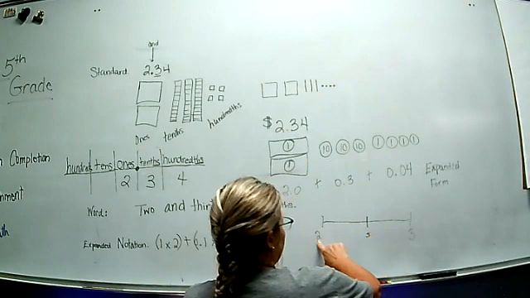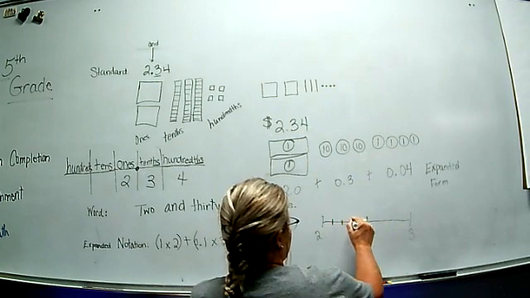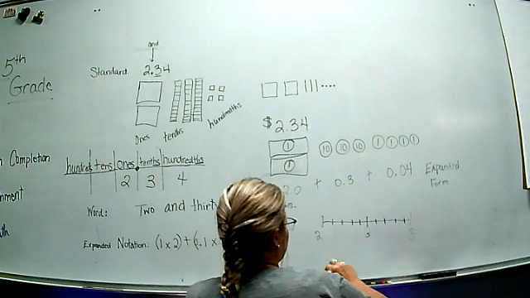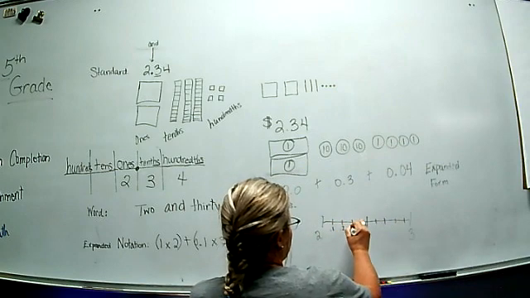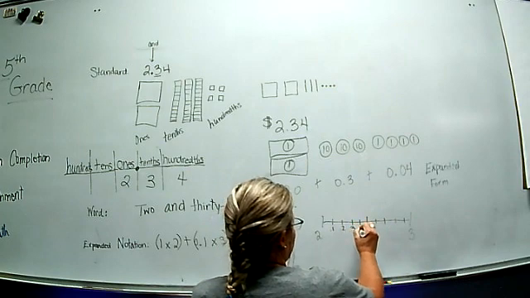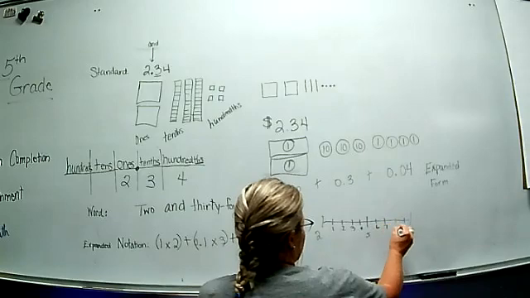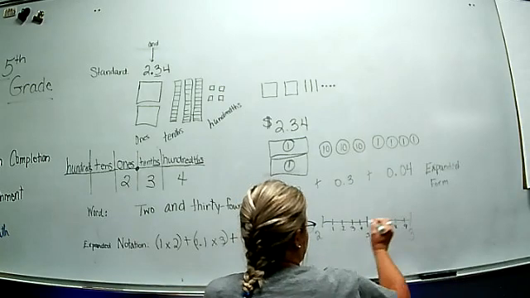So this is representing 2.5. This would be 2.1, 2.2, 2.3, 2.4, 2.6, 2.7, 2.8, and 2.9.